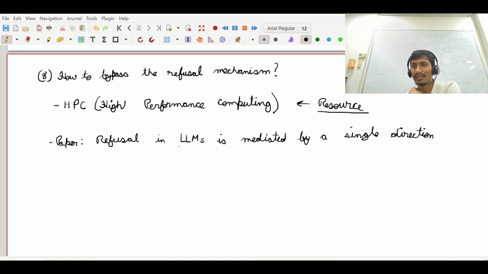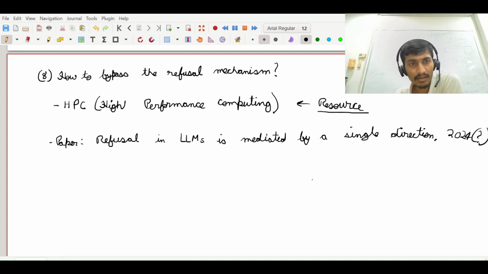It came out maybe last year, 2024. I'm not sure, so I would put a question mark here.